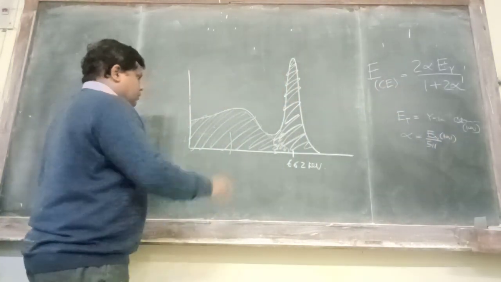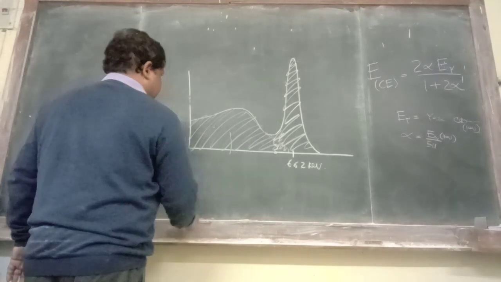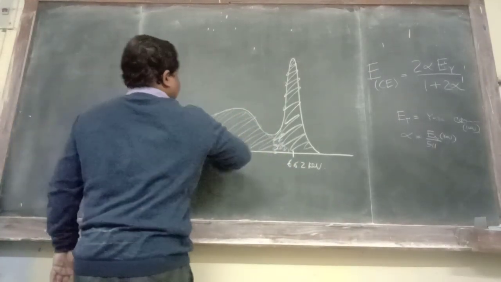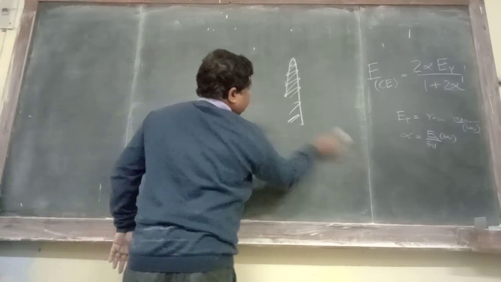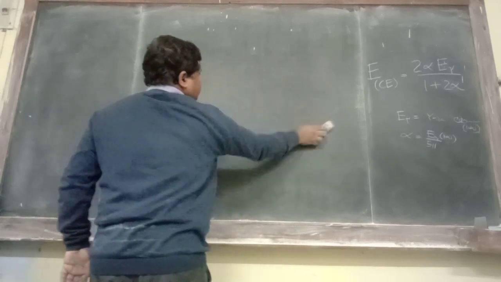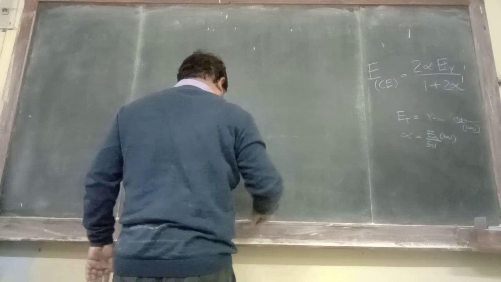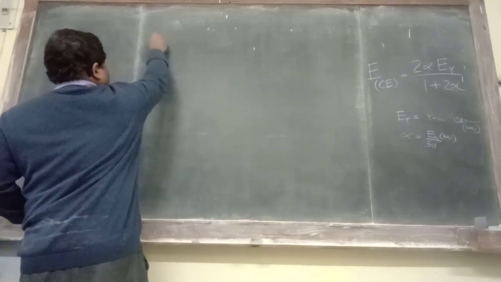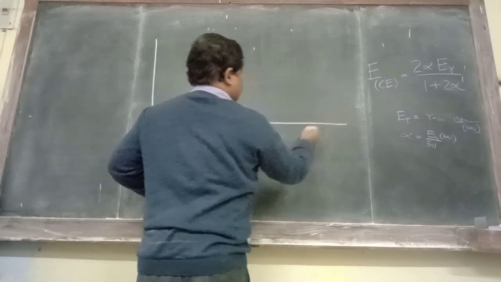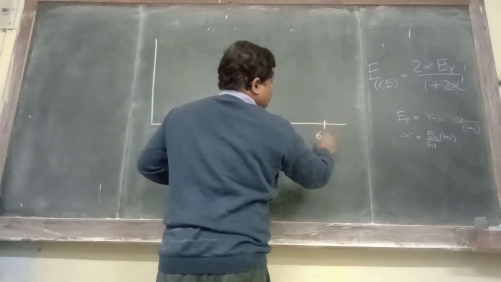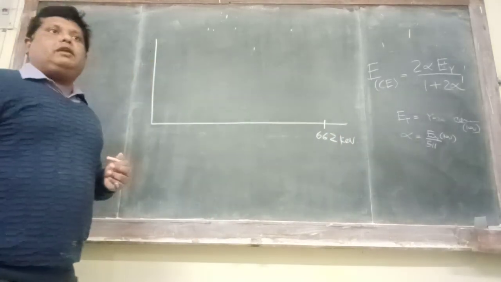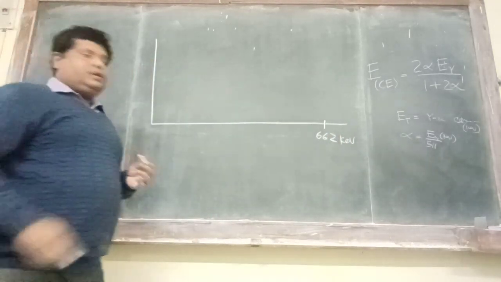Okay, so if we have a 662 keV gamma ray, let's see what happens. So here we have 662 keV. Now what's the value of the Compton Edge?